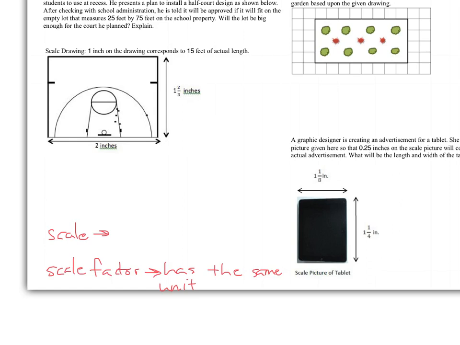This is like 1 centimeter to 2 centimeters, for example. 1 centimeter to 2 centimeters on a scale factor. A scale, on the other hand, may not have the same units. It could.